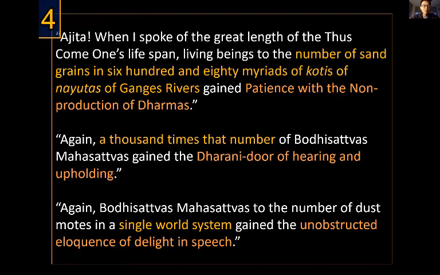When I spoke of the great length of the Tathagata's lifespan, no, all sentient beings of this number, like the sand grains of the 680 myriads, which Master transformed in saying that the 6 means our 6 senses, our 6 consciousnesses, and then the 80 myriads are the 8 consciousnesses in total.